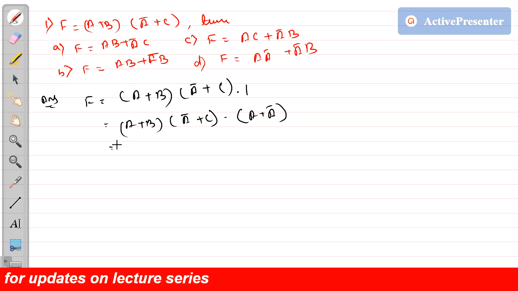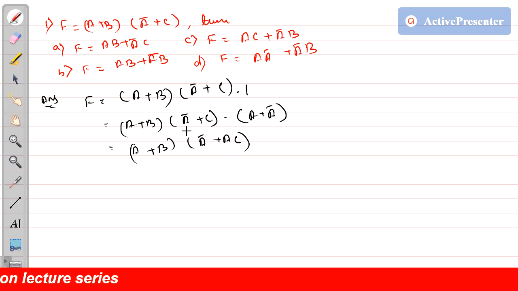Next I'll multiply this, then I will get (a + b)(a' + ac). How do you get this? a' into a' gives a', then a' into a gives 0, and a into c gives ac. So this is how it is reduced.